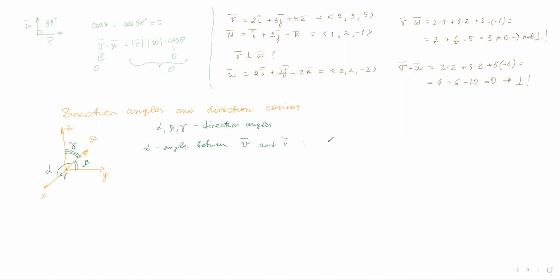How do we calculate it? Using cosine and dot product: v multiplied by my second vector, which is i, divided by the length of vector v and the length of vector i. We remember that the length of vector i is equal to 1, so actually we are going to have only the length of vector v in the denominator.